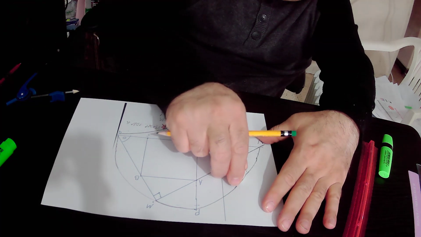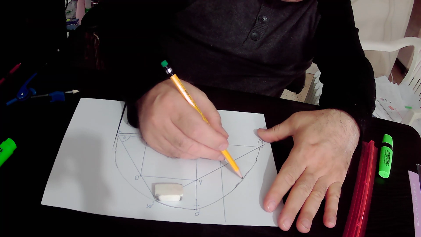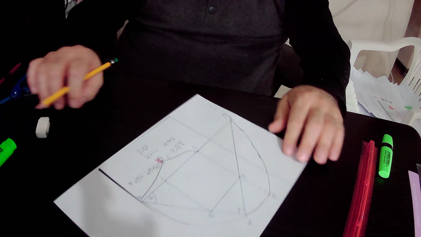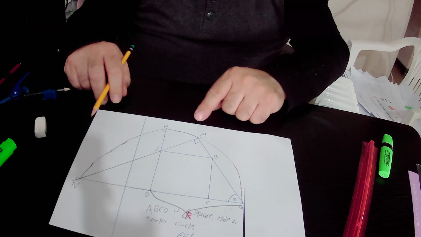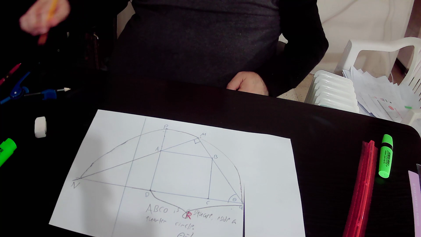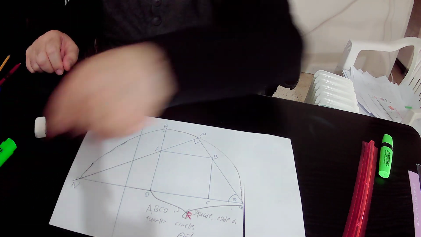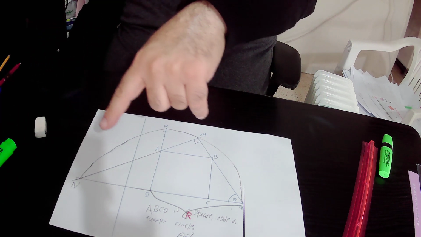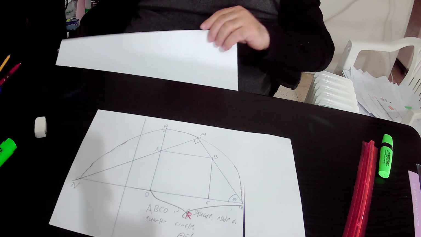So we have here a semicircle. We made it from a quarter circle. And inside this semicircle, we have a peripheral angle NMQ that is equal to 90 degrees. I repeat again: inside this semicircle that we created from the quarter circle, we have peripheral angle NMQ that is equal to 90 degrees.